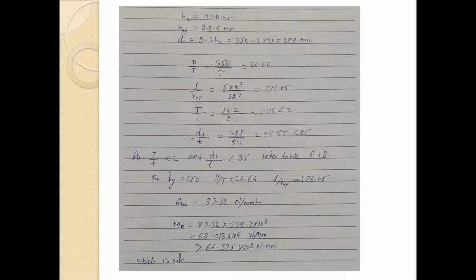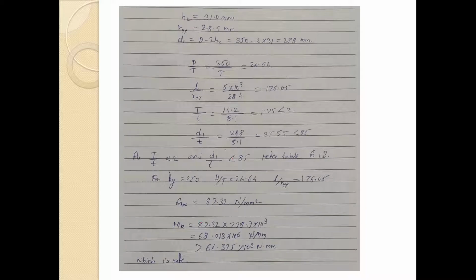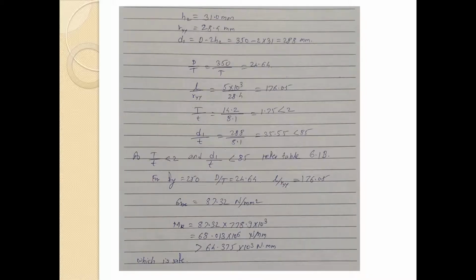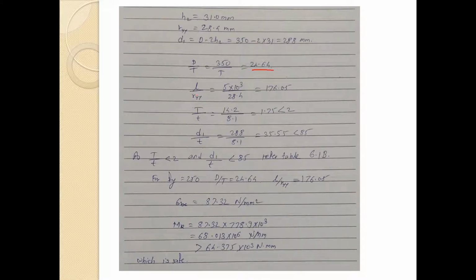So D we have here, that is 350 overall depth, divided by T, that is 14.2. So we'll get 24.64. Then L by ryy, L is 5 into 10 raised to 3, that is effective span, divided by ryy, that is 28.4, we'll get 176.05.